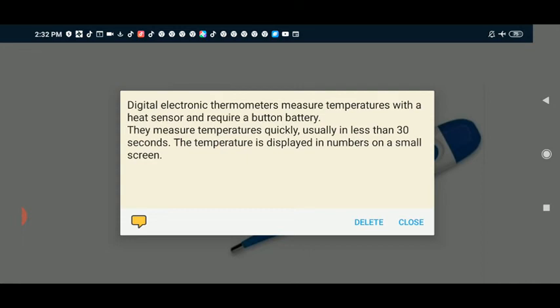They measure temperatures quickly, usually in less than 30 seconds, and the temperature is displayed in numbers on a small screen. You might have noticed that many people are moving to use digital thermometers.